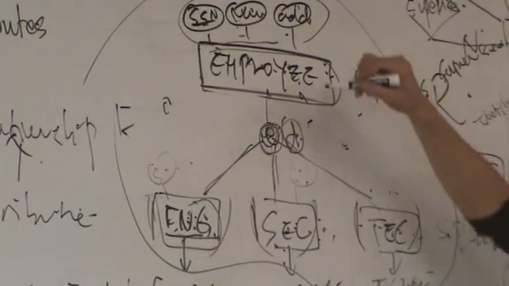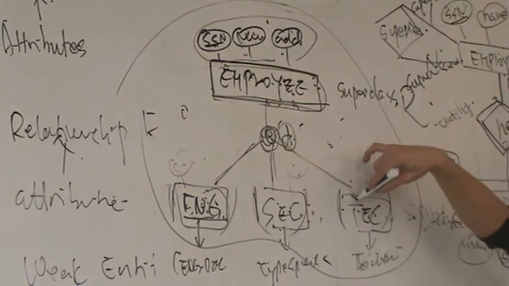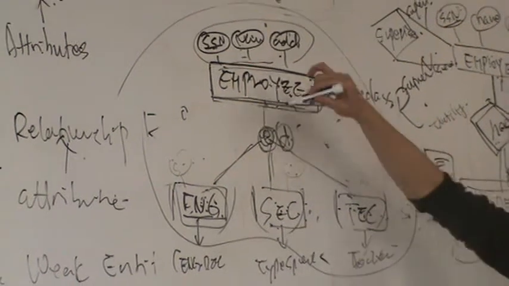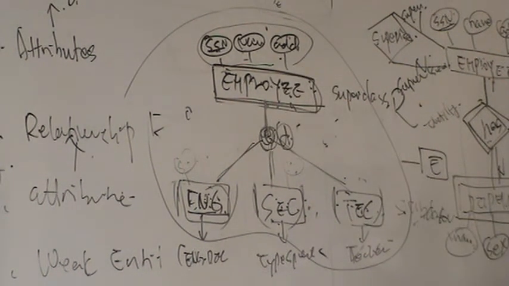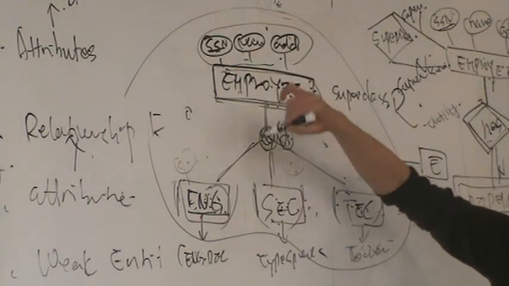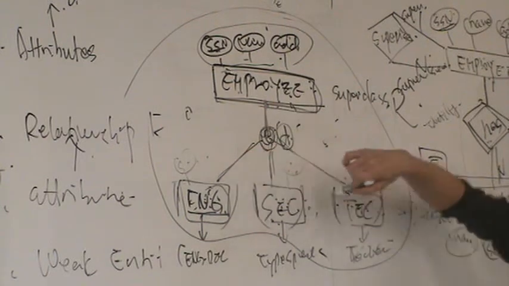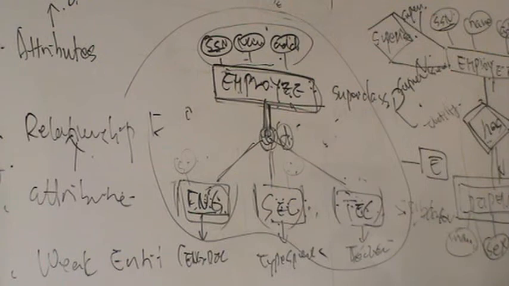Another thing is sometimes an employee does not belong to any of these. It's partial participation, optional participation. On the other hand, if the employee should be one of these subclasses, we can use a double line. This is the mandatory participation.